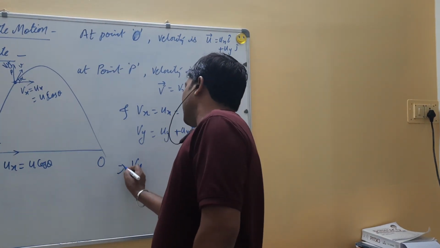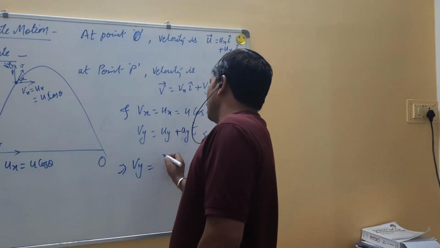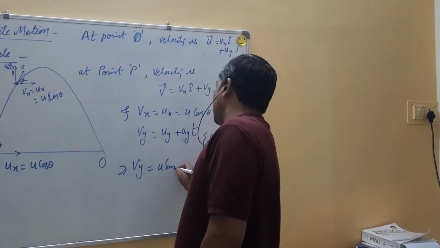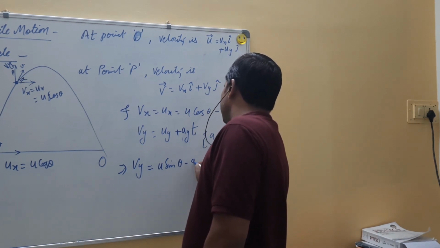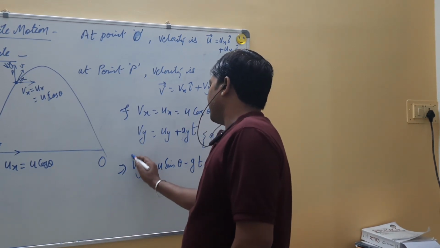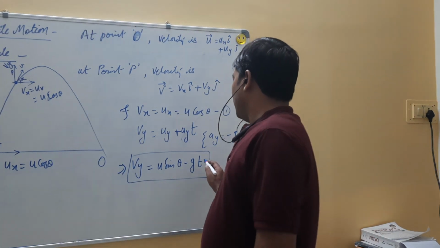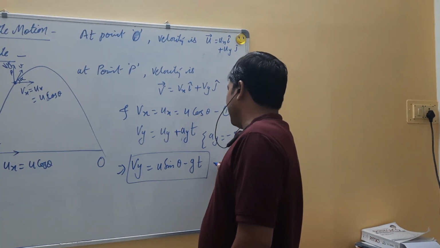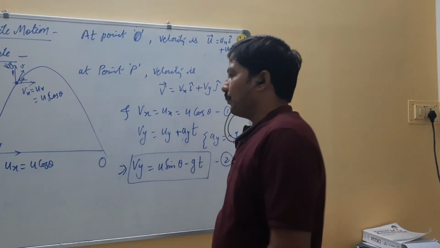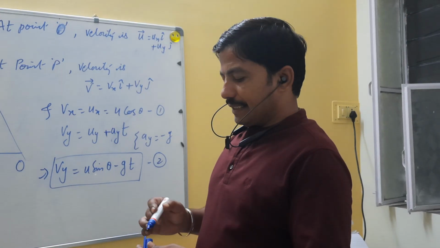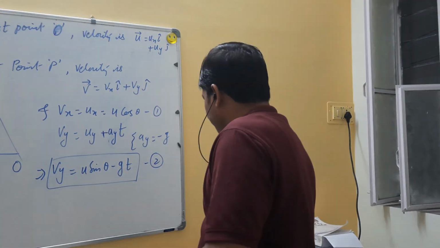So vy is uy, where uy is u sin theta, minus g into t. This is the velocity component at point P along the y direction. This is equation number 2. These are the components of velocity along the x axis and y axis.